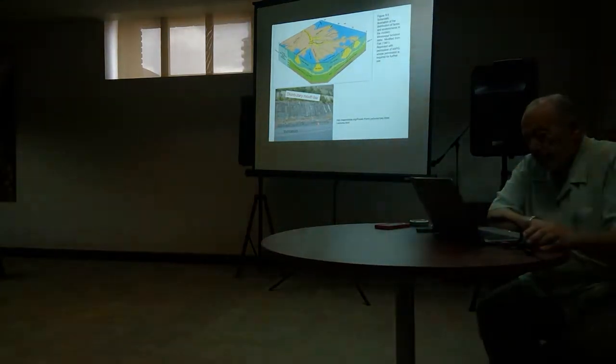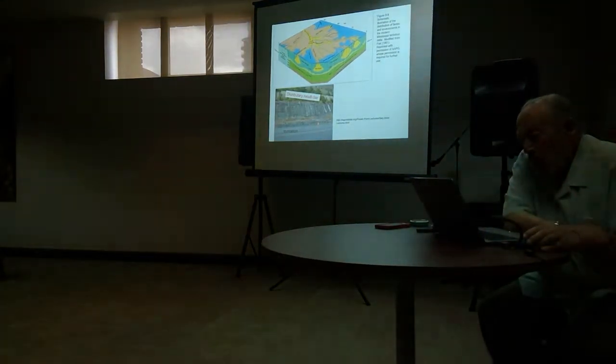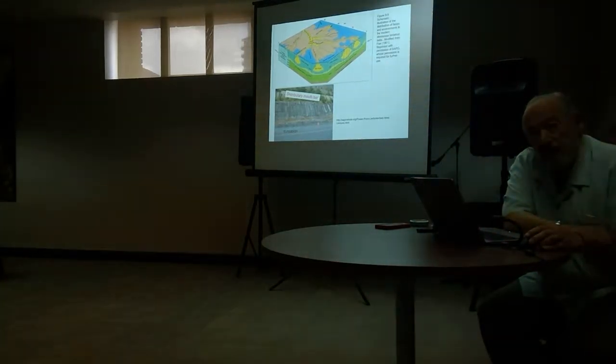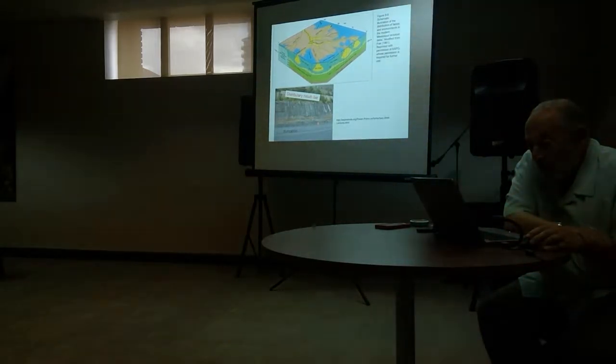Okay, so here is a cartoon again of these different environments and where the sand is located in a delta. The sand is in yellow. It's called bar finger sand here.